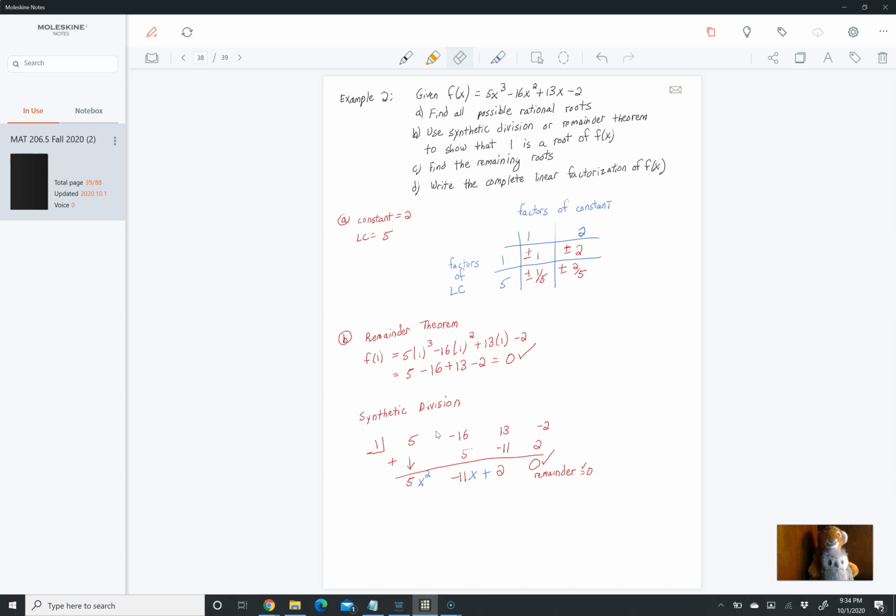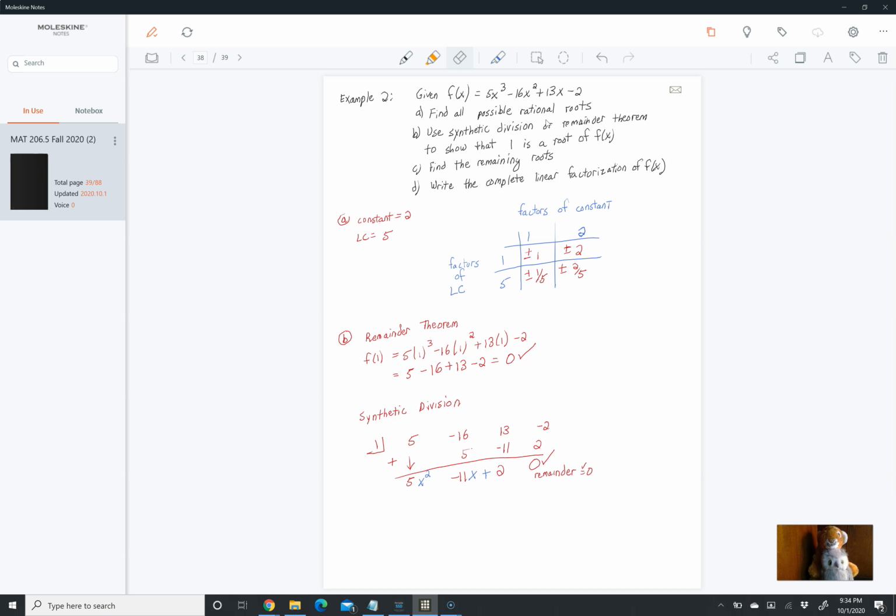So remember that if you get a factor of 5x squared minus 11x plus 2, that's also a factor of the bigger polynomial. Okay, we said a factor of 8 is also a factor of 16 because 16 is a multiple of 8. If you have a factor of 9, that will also be a factor of 27.